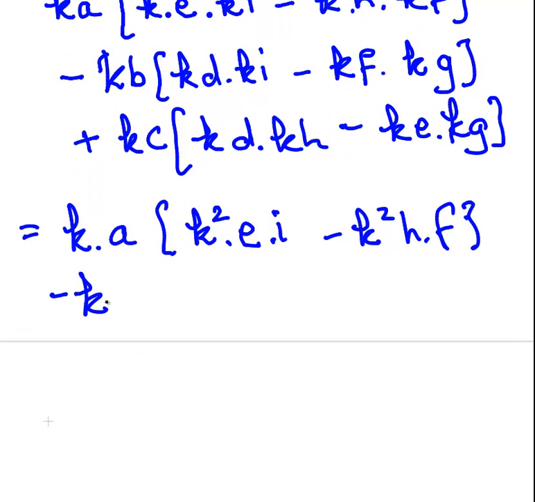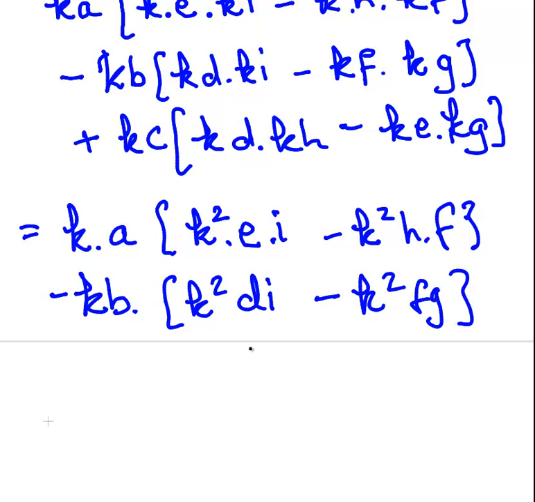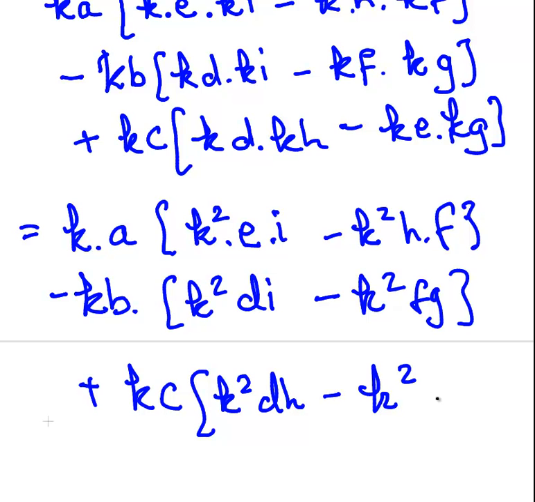Minus k times B times k squared DI minus k squared FG, plus k times C times k squared DH minus k squared EG, and so on.